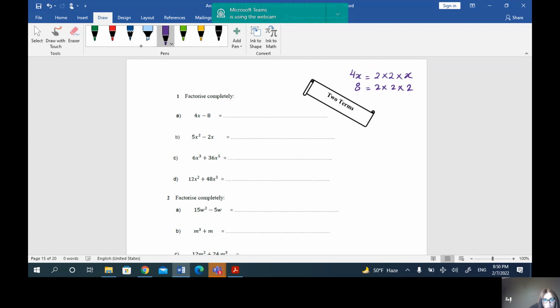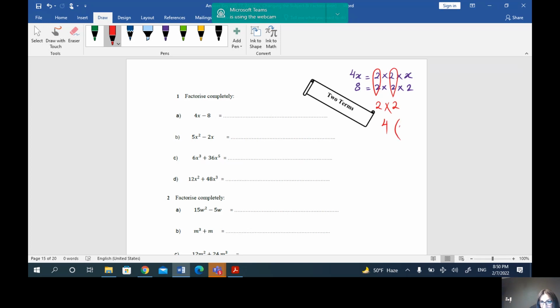And then we are going to take the common factor, so 2 and 2. So the 2 here will come down as 1, 2 times, and this one as 2. So this is 4.